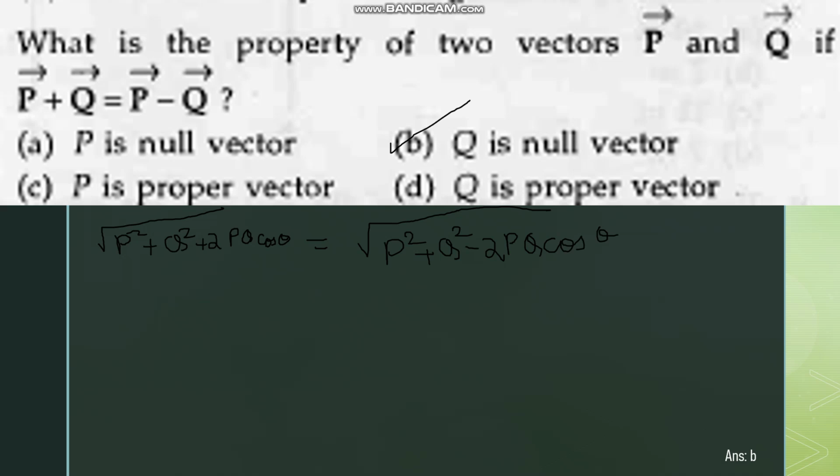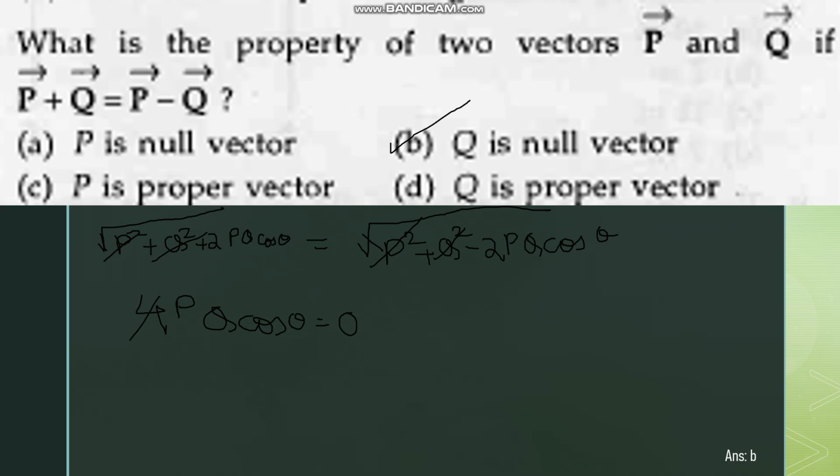On squaring both sides, the root gets cancelled, and P square and Q square also get cancelled. So we remain with 4PQ cos theta equals 0, and this 4 also gets cancelled.